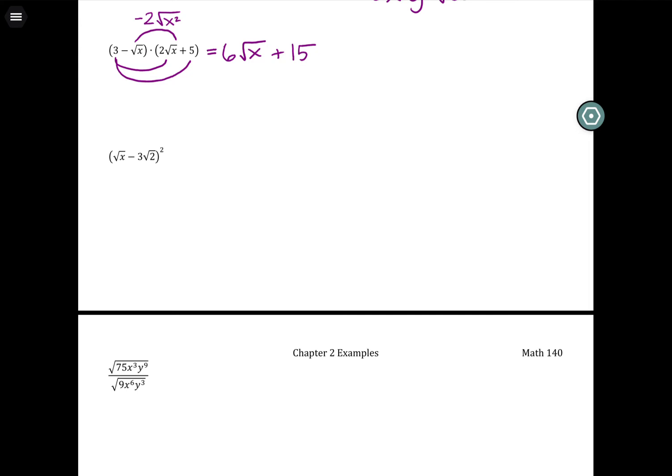But I do want you to be aware that there are restrictions on the variable being positive in some of these situations. Here, it's fine if x is negative. You're just going to get back an absolute value of x instead of x when these cancel. But assuming variables are positive, we don't really have to worry about that. What we're going to get is -2 times x. The square root and the square cancel, so -2 times x.